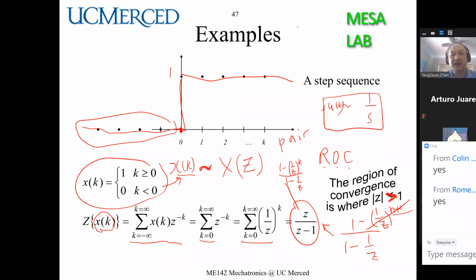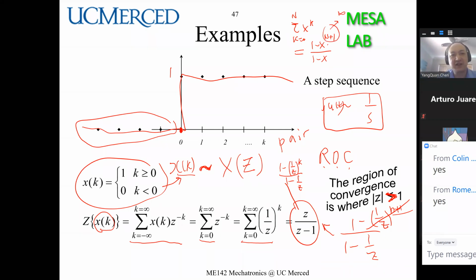Because I know that the sum of x^k, k equals 0 to n, will give you what? 1 minus x to the n plus 1, over 1 minus x, right? Okay, n plus 1.